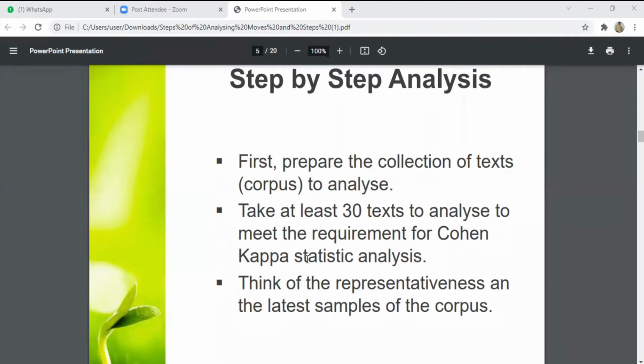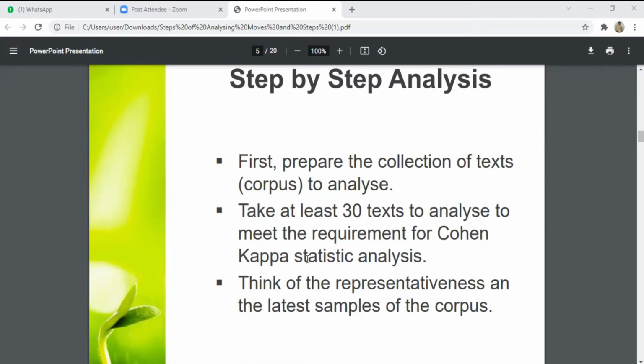we are going to check the validity of our analysis by comparing our analysis result with the results of someone else, which is called a co-rater or independent rater. So think of the representativeness of the population of the discourse.